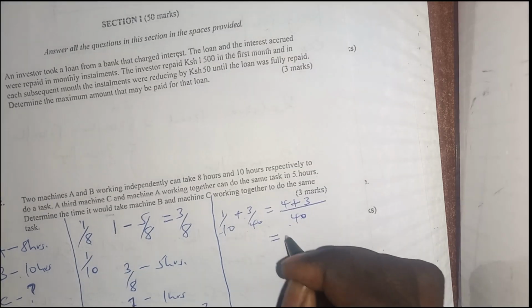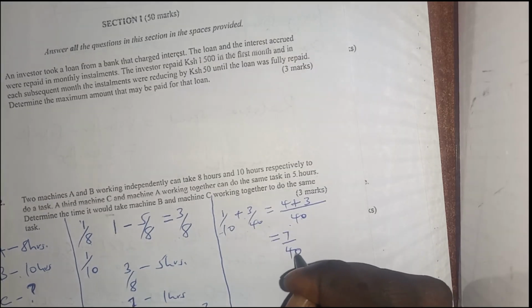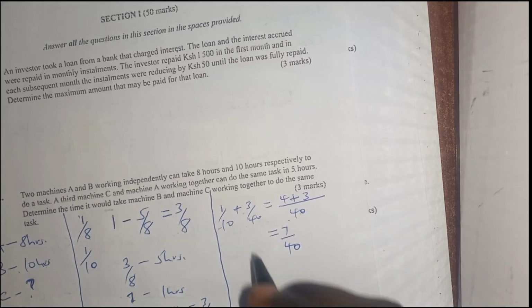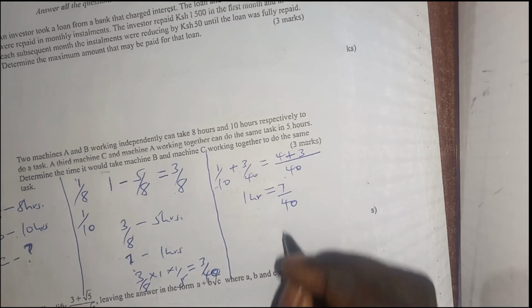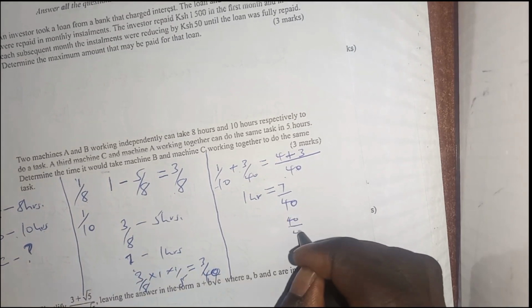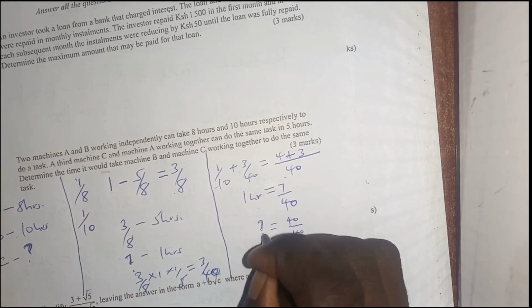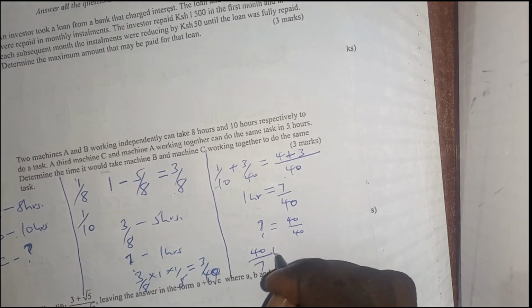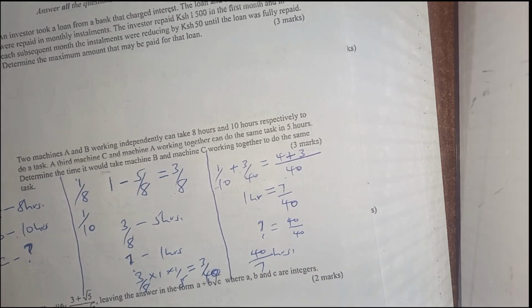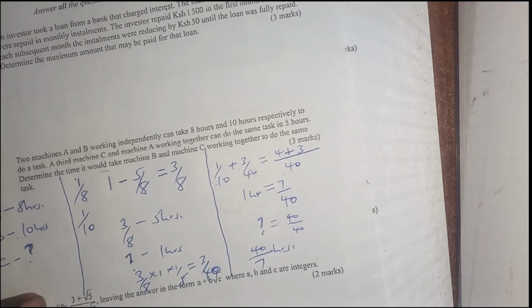So it does 7 over 40 of the work. So if in 1 hour 7 over 40 of the job is done, then 40 over 40 of the job is going to be the reciprocal. It's going to give us 40 over 7 hours. Okay, so that's how we're going to do that one.